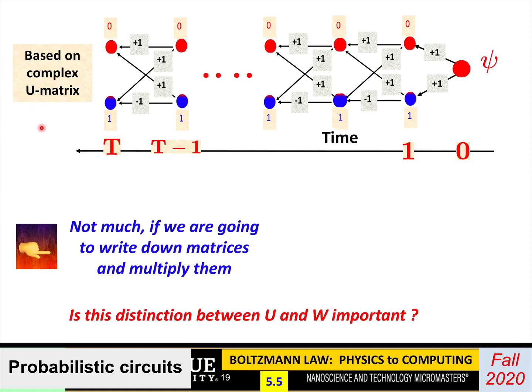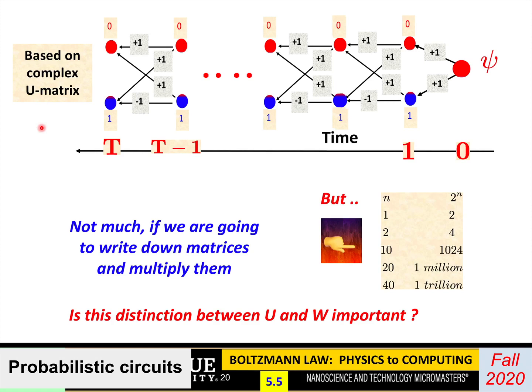But then in practice, as you scale the problem up, you cannot really afford to write down matrices and multiply them. Why? Because the matrices are 2 to the power n by 2 to the power n. And as we know, as n goes up, this 2 to the power n just goes up exponentially. And very soon it's out of control. And so writing down matrices and multiplying them is not practical when you scale up.